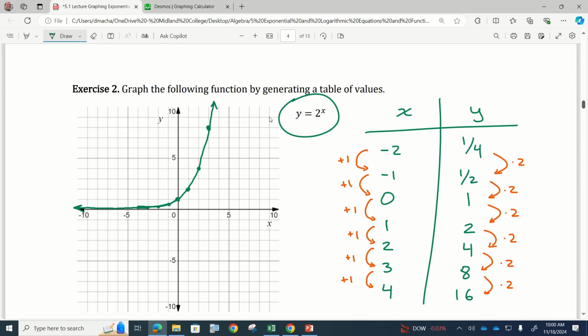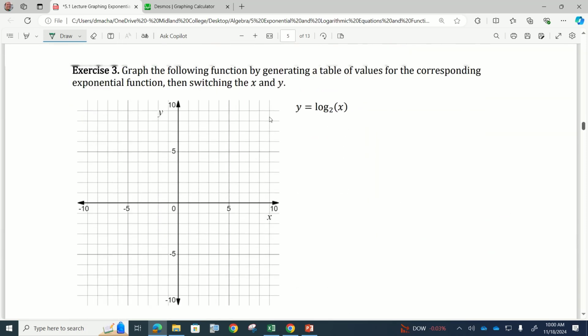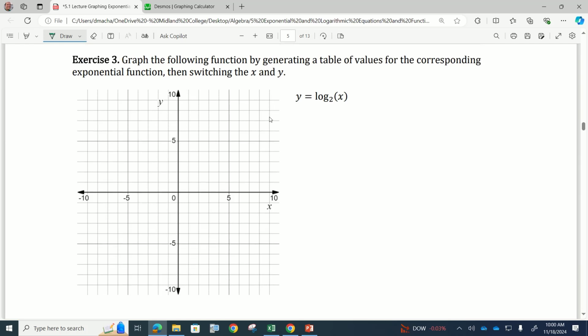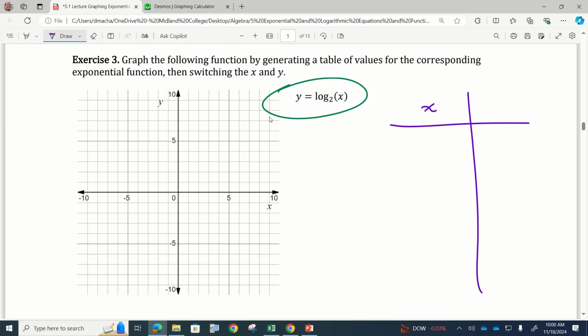The slightly trickier question is, what if I wanted to graph this function using the table of values? The trick is, I'm not going to make a table of values for logarithm base 2.